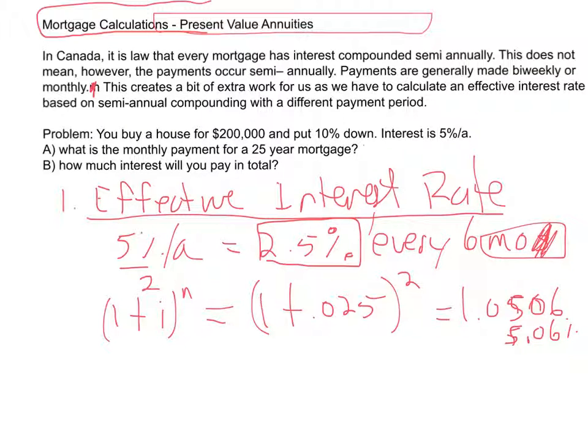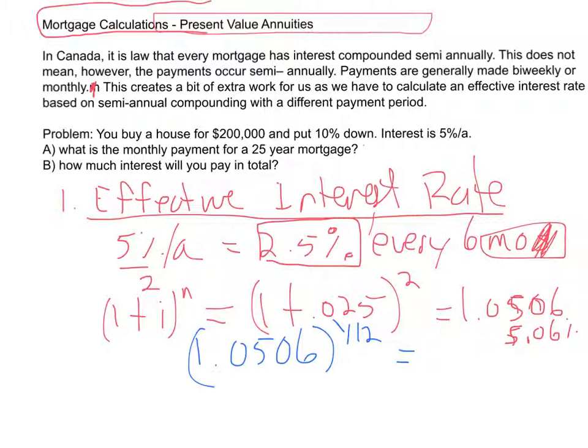We know that 1.0506 to the exponent of 1 over 12 will give me 1 month's worth of interest, right? Because this is exponential, instead of dividing by 12, we have to use the exponent of 1/12.